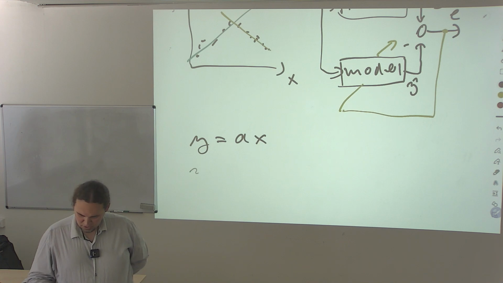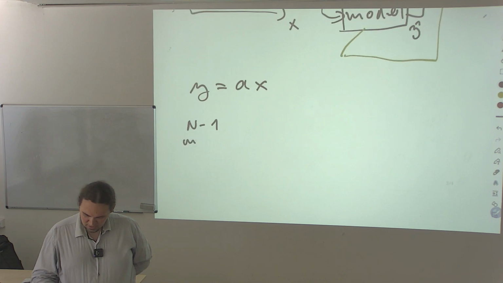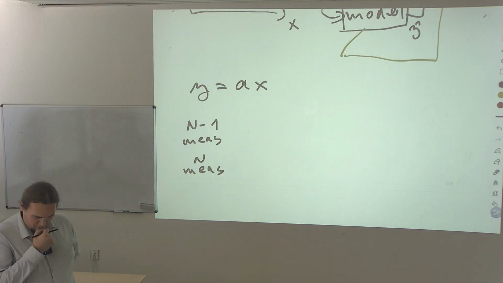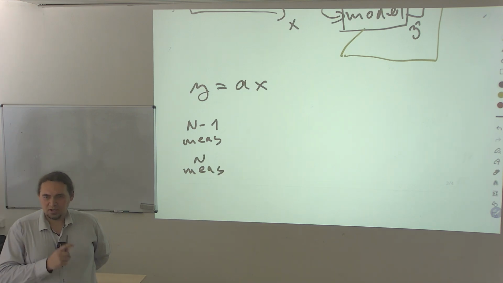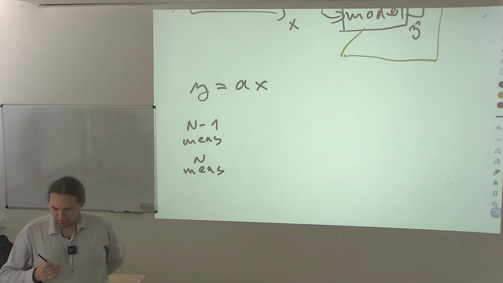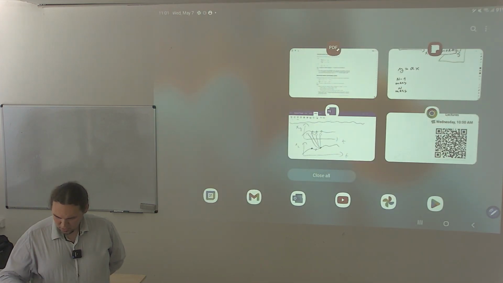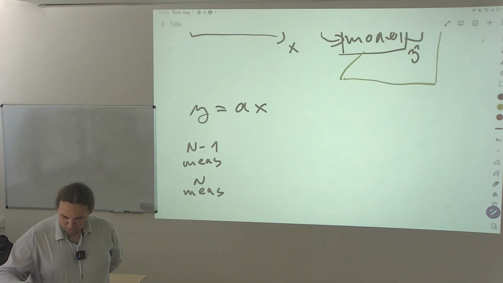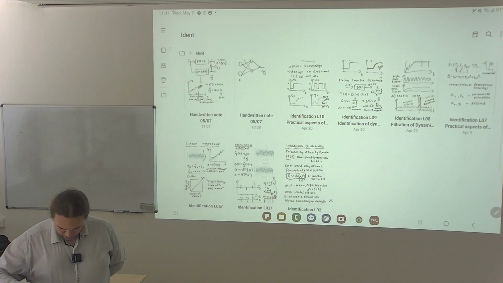Well, we have just seen n-1 measurements, or we have just seen n measurements. This was one of the simplest situations that we studied in our linear regression discussion.